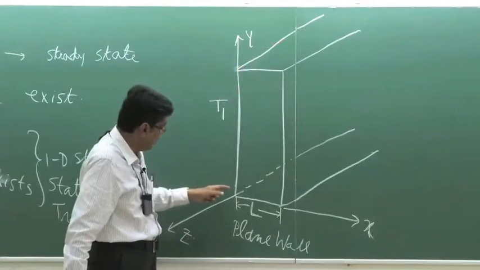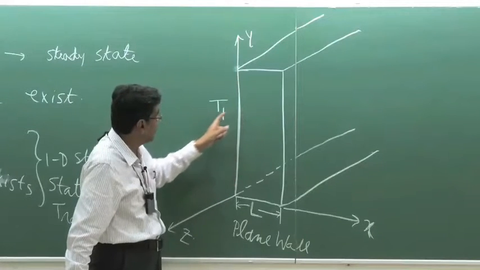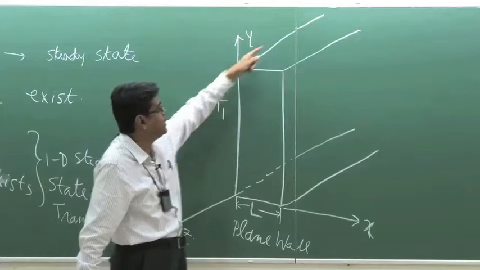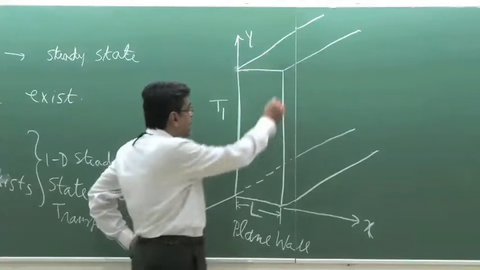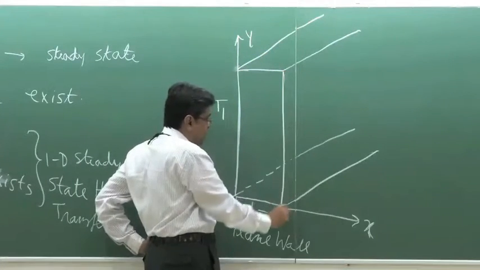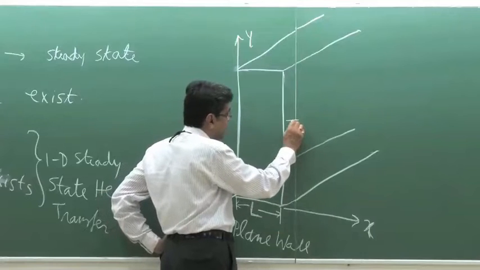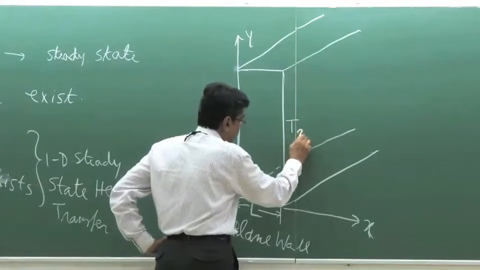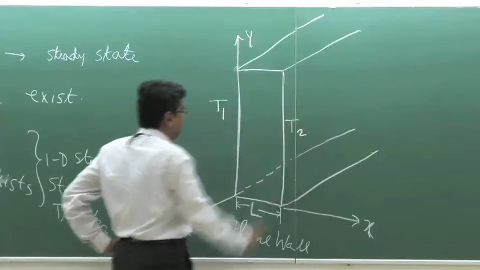That means at each and every point on this surface the temperature is T1, which is independent of y and z direction. And if this right-hand surface is kept at a constant temperature T2, this we assume, this is the prescription of the problem.